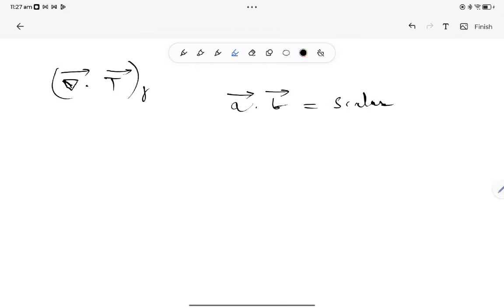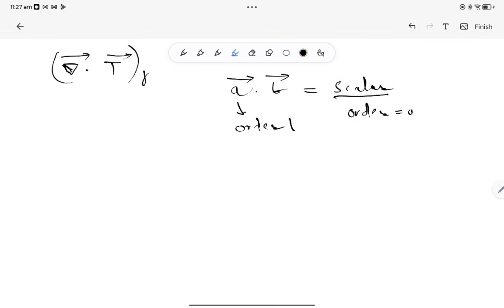Scalar is known to be a tensor of rank 0, order 0, and a vector has order 1 because it needs one subscript. It means that dot product reduces the rank or order of the tensor. The starting tensors each have an order of 1, and the resulting tensor has an order 0. This rank contraction is an important thing in tensor analysis, but we did not pursue it further.